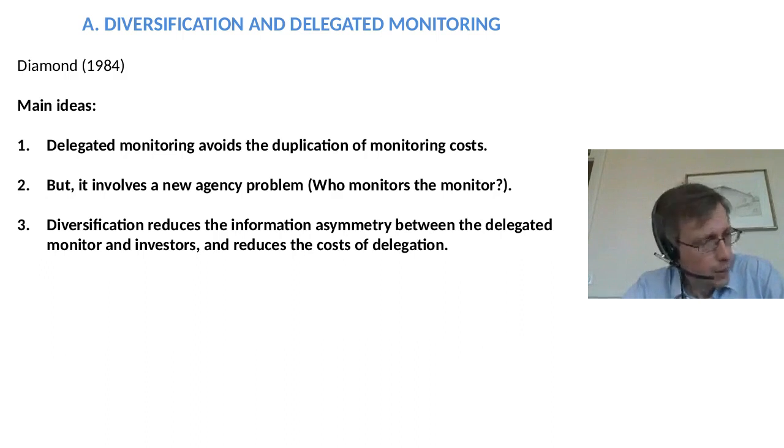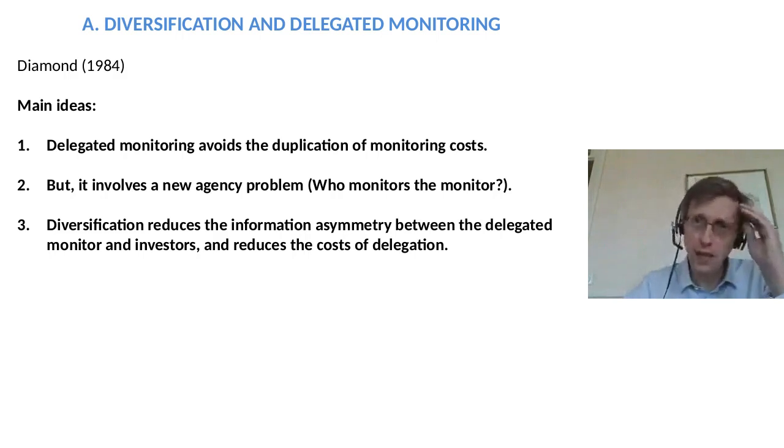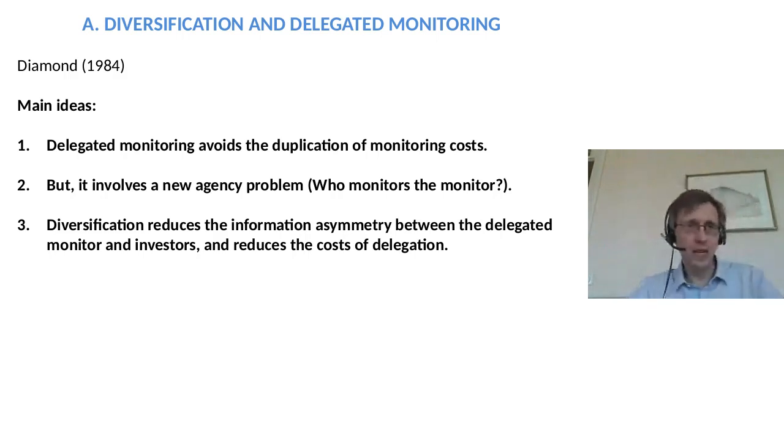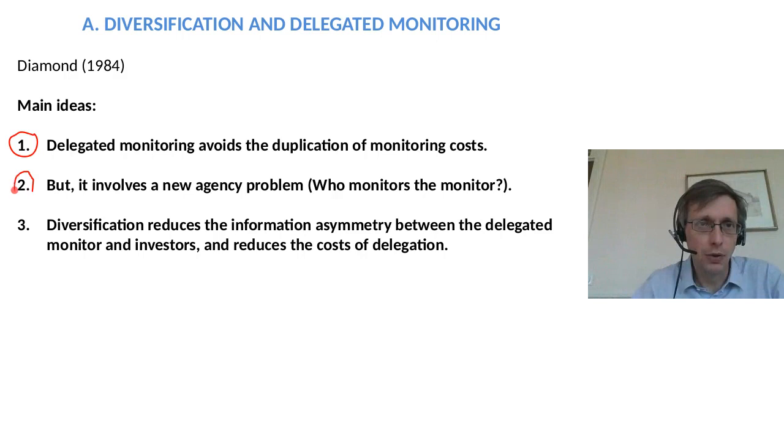So we went through this first theory of diversification and delegated monitoring, and more precisely, I already talked about the first two points, point 1 and point 2. The idea is really simple: if you delegate the monitoring of the project to somebody else, you're going to save on monitoring costs.